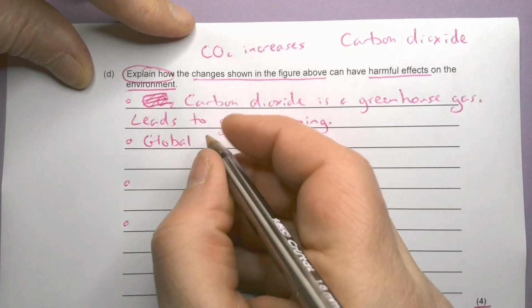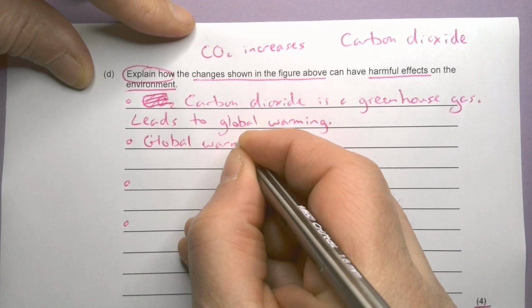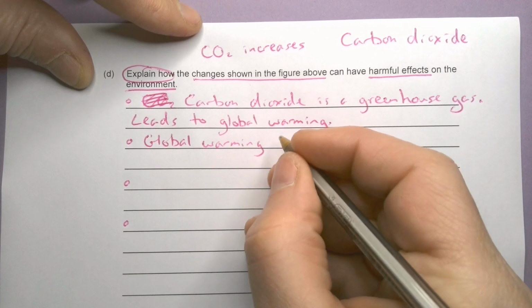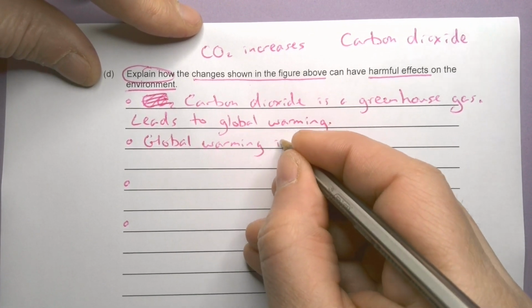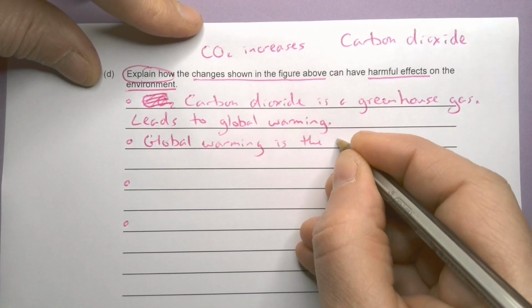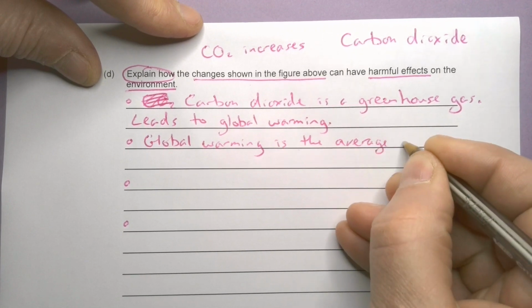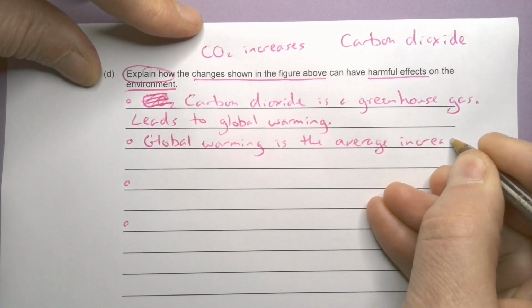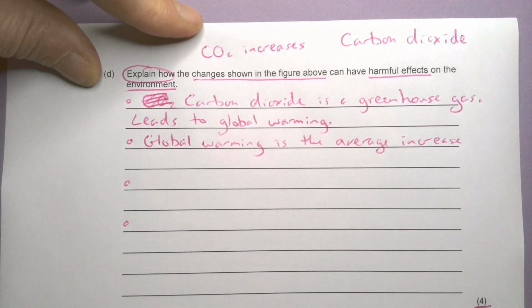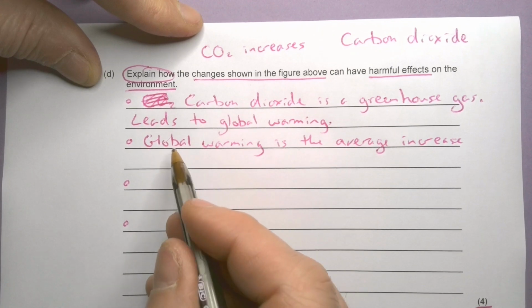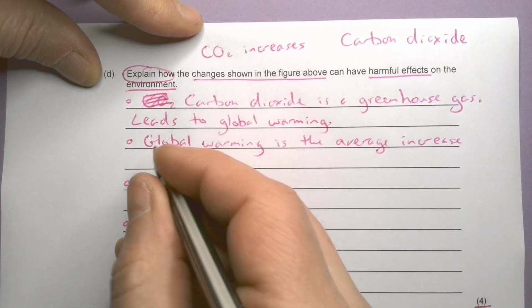In fact, I think I will write that. So global warming is the average increase. Remember, it's not just the increase; it doesn't always get hotter, we'll know that now. We're in a period of global warming and sometimes the temperature can be quite low, but on average the temperatures are increasing.